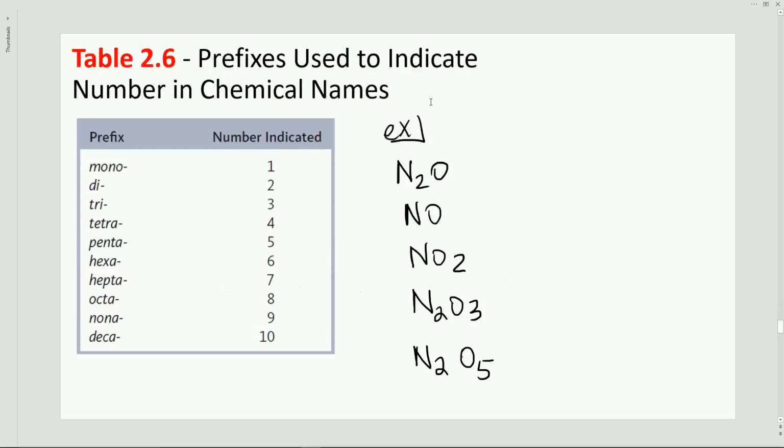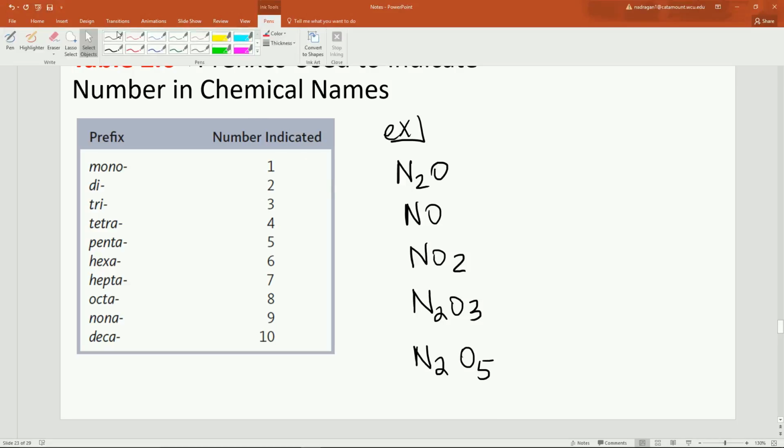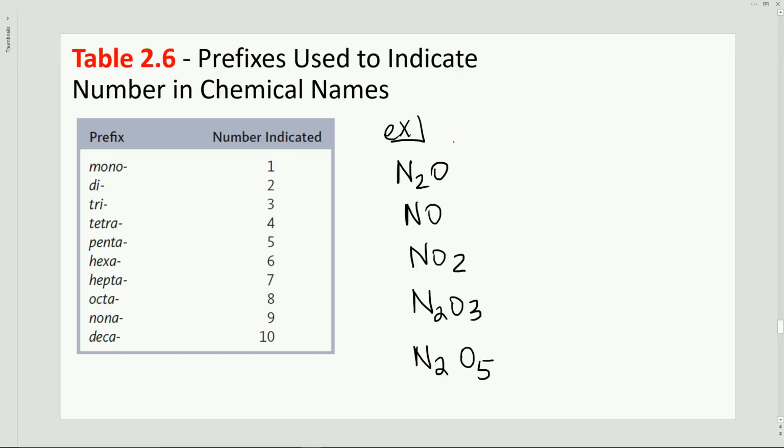Okay, so here is table 2.6. These are the prefixes that we use to indicate the number of atoms in chemical names. So we're going to look at some examples using a bunch of different compounds that contain nitrogen and oxygen. Here we have 2 nitrogens and 1 oxygen.